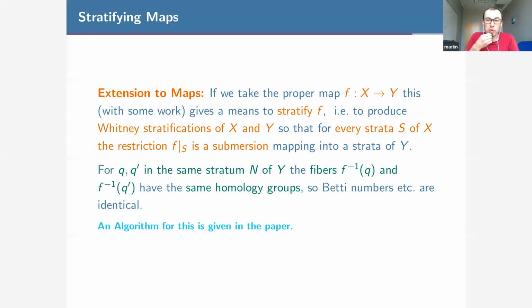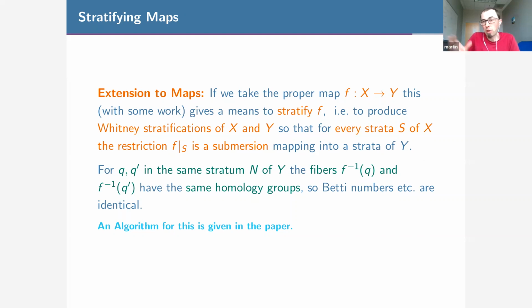The most interesting upshot of such a stratification is that if we have some strata, let's say N, of Y, the codomain, and we take two points, Q and Q prime, in that strata, then the fibers of both of those points have the same homology groups.